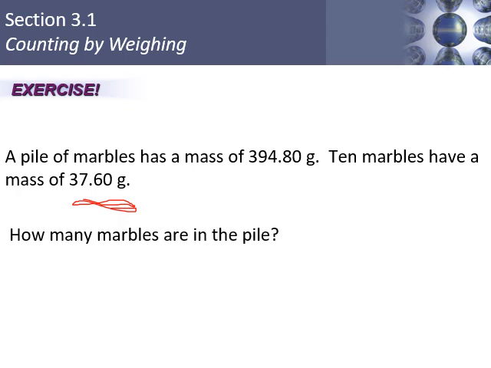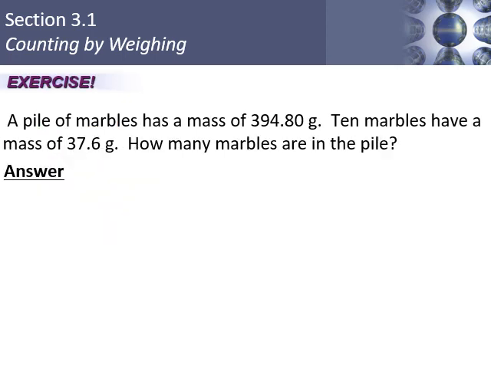In other words, just divide this number right here by 10, and you're going to get 3.76 grams. Or you can just move the decimal over, whatever. So that means one marble weighs 3.76 grams. We'll see this on the next slide. So divide how much all of these marbles weigh here by 3.76, and that'll tell you how many marbles you have. Let's go to the next slide. Next.